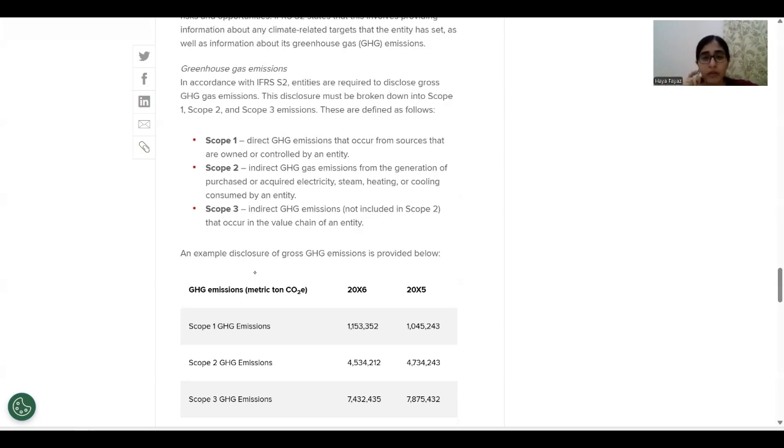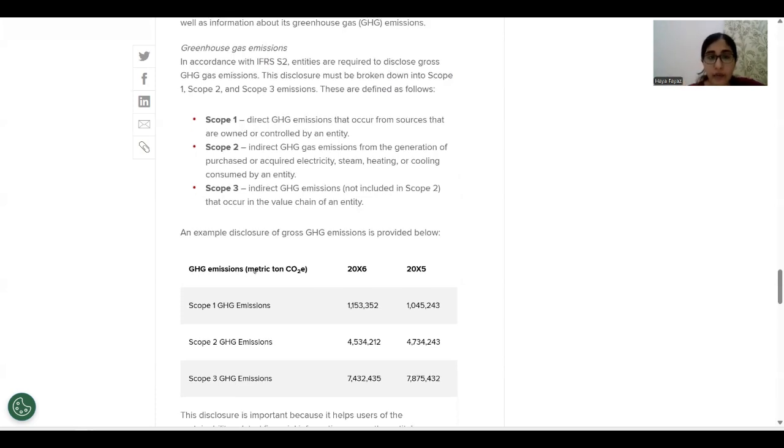So that is not under your control, but it is a part of your value chain. That is Scope 3. Okay, so these are the three scopes that we need to be aware of. Questions can come under each of these categories, and what our disclosure requirement under each of them is going to be is what we cover now. This is where we are getting more specific, guys.